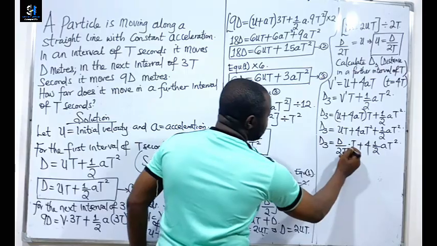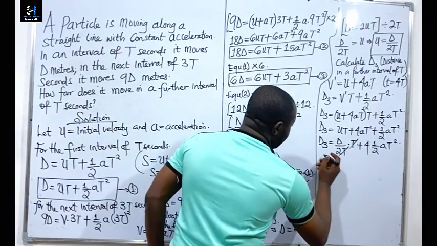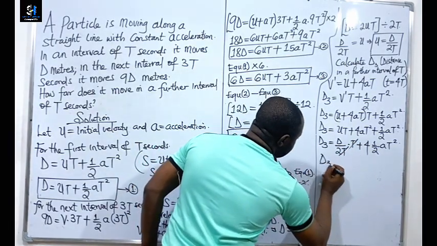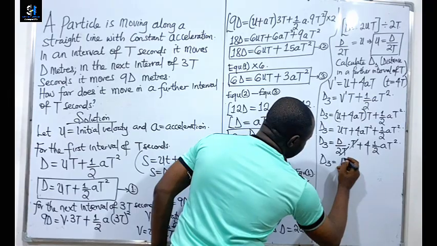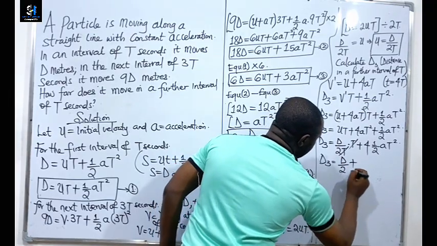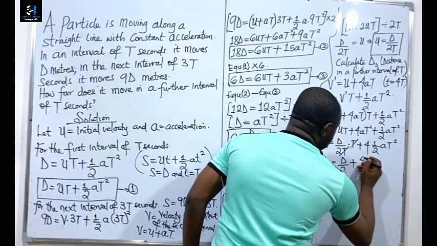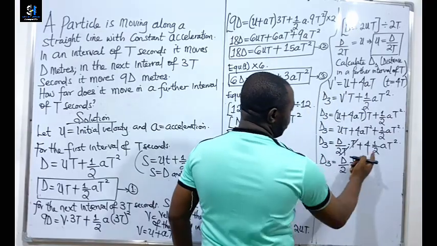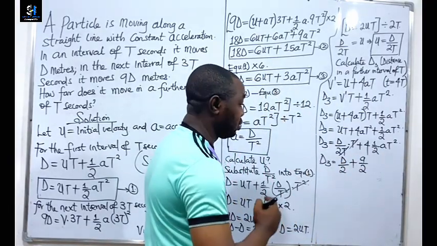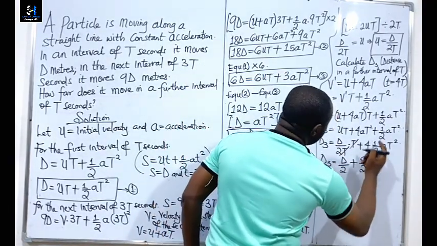The t cancels t. Then d3 equals d over 2 plus 9 over 2, because 2 times 4 is 8 plus 1 is 9.